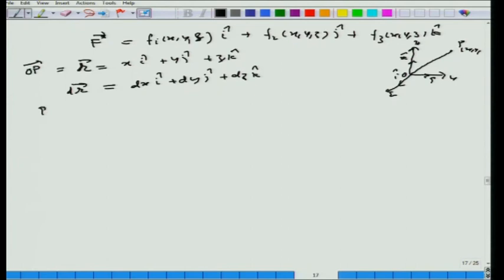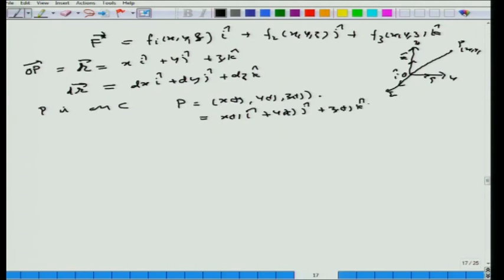If P is on C, that means P is (x(t), y(t), z(t)), this point, or another notation can be x(t) i plus y(t) j plus z(t) k.